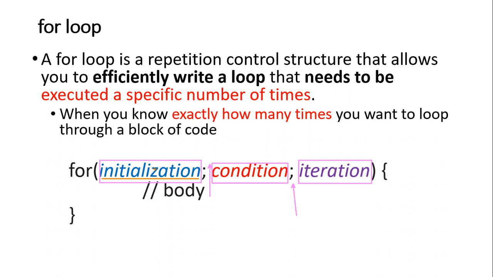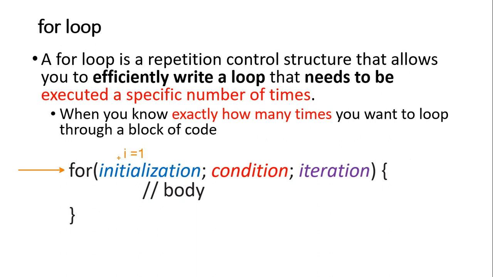So how does the for loop work? As you notice, a for loop is again a pre-tested or entry-tested loop like the while loop, with a small difference. In the while loop, there was no provision for initialization. At the initialization, we usually initialize the variable, like i is equal to 0, i is equal to 1, or something like this.